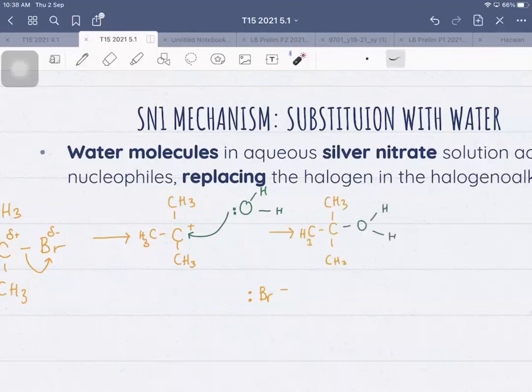Now, please take note that oxygen has given its electrons, so oxygen will develop a positive charge. And also you notice that there are 3 bonds around this oxygen, okay?